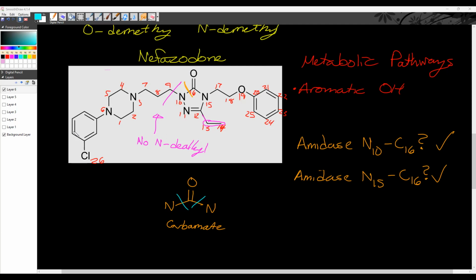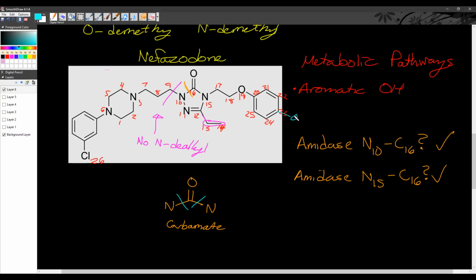Other things on here. So we talked about, we could have an OH here, have an OH over here. Can we get rid of this chlorine at all? Is this able to be removed? Yeah. So this is something that I just want to point out, that you cannot remove halogens.